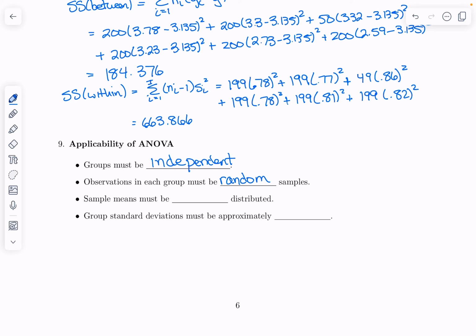The sample means must be normally distributed. Normally distributed, meaning that each group must have a normal distribution for the data, or each group must have 30 samples. So this would be n greater than or equal to 30 for each group to make sure that the sample means are normally distributed.